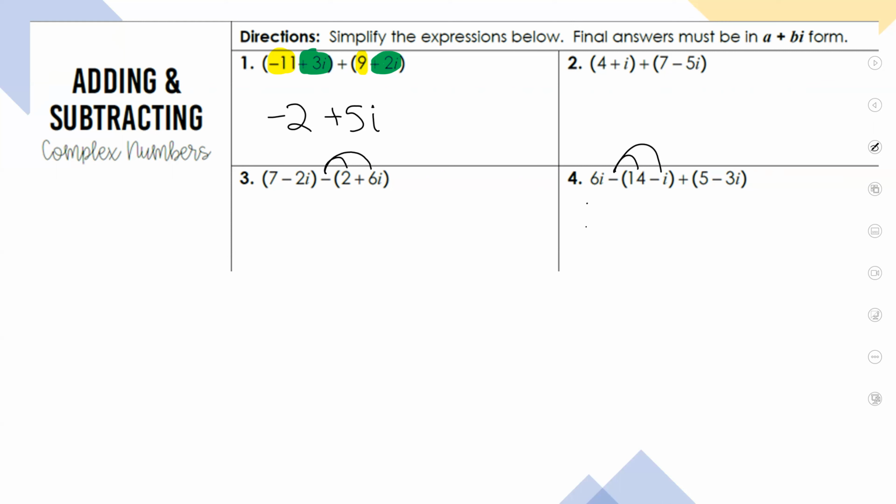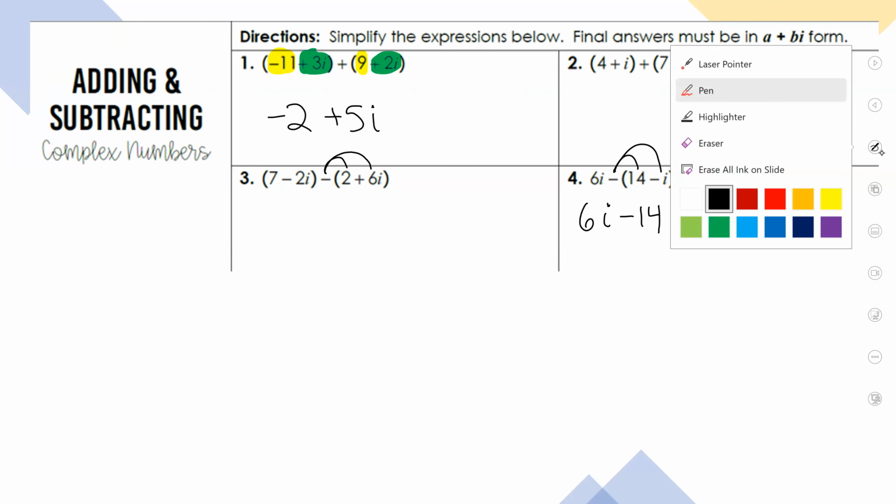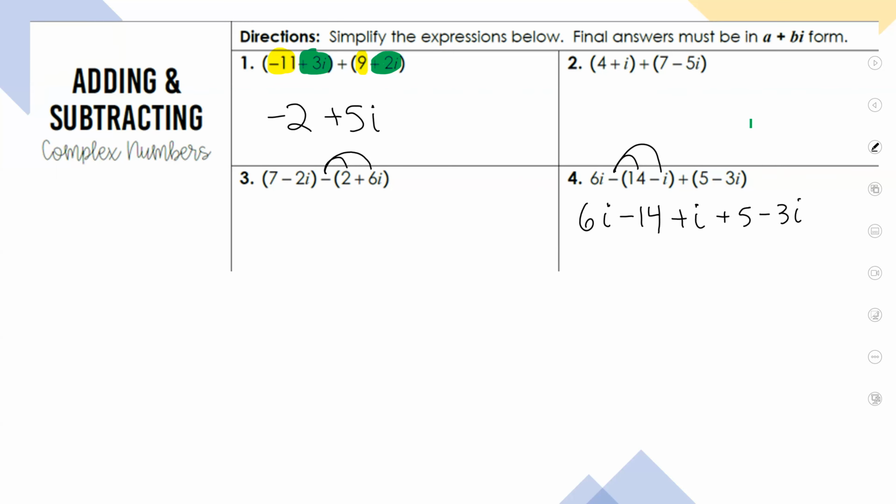When you distribute the negative, all the signs will change. Okay, so let's write this out. I have 6i. I'm going to distribute this minus sign, so this will become a negative 14 or minus 14, and this will become a positive i. And then plus 5 minus 3i. Now again, I'm going to combine my real parts, so the negative 14 with the 5 will be together.